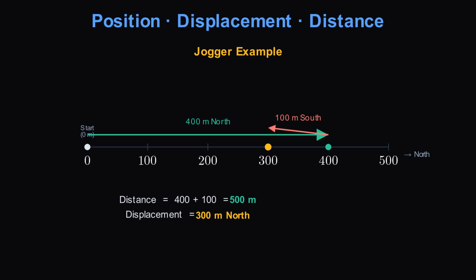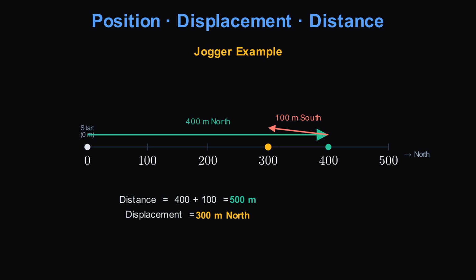Here is a concrete example that makes the distinction vivid. A jogger runs 400 meters north, then turns around and runs 100 meters south. The total distance covered is 500 meters, every step she took.